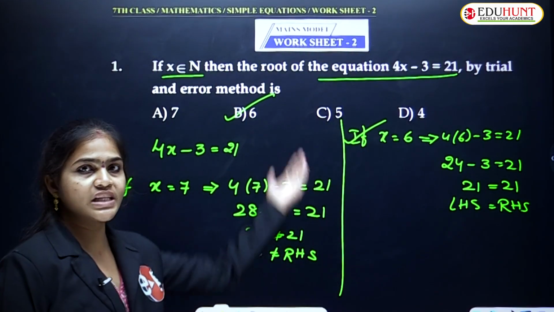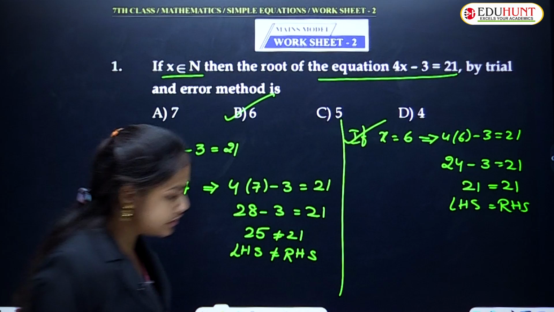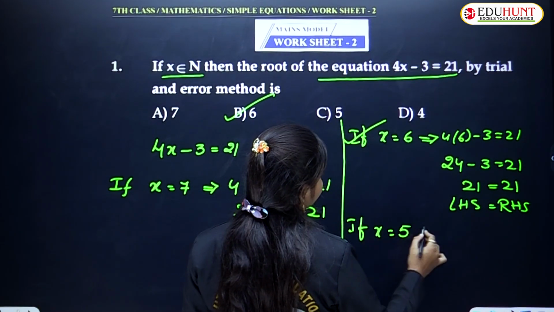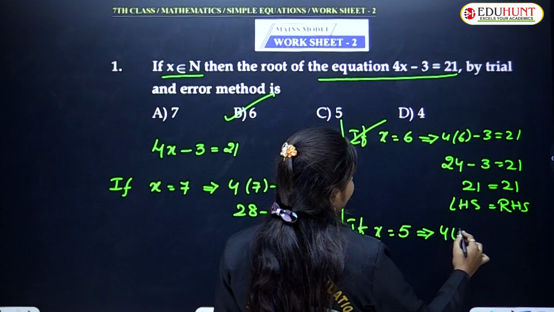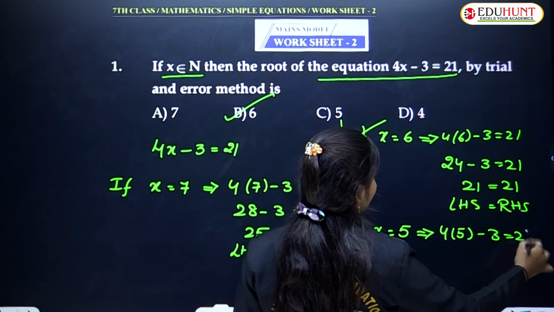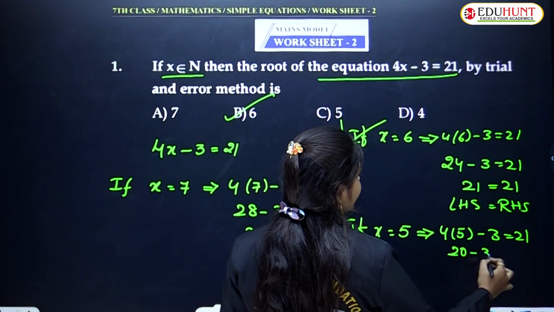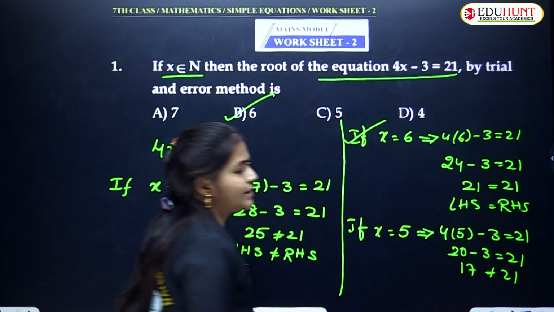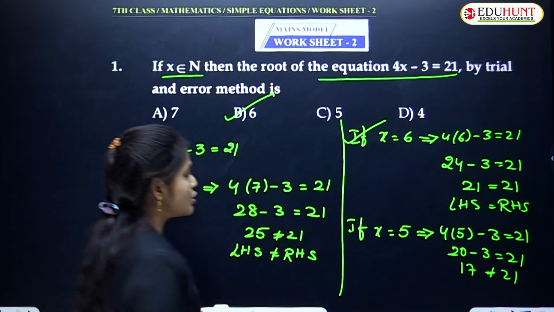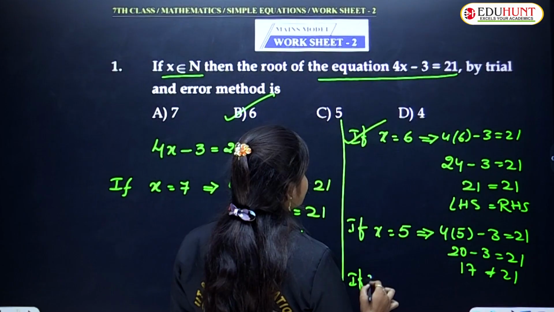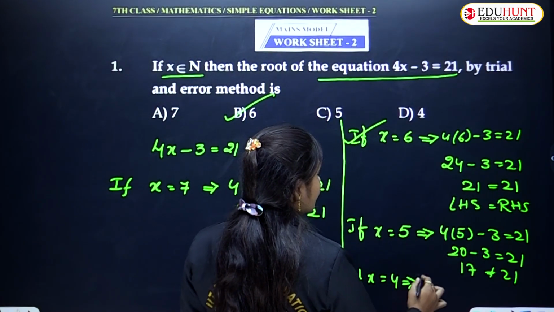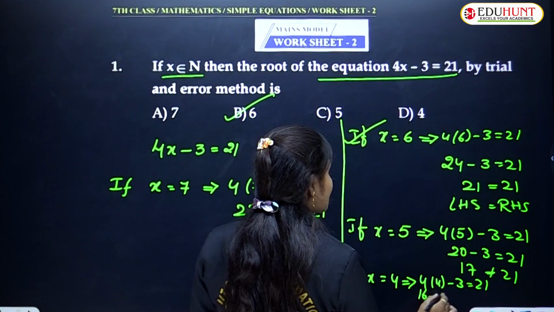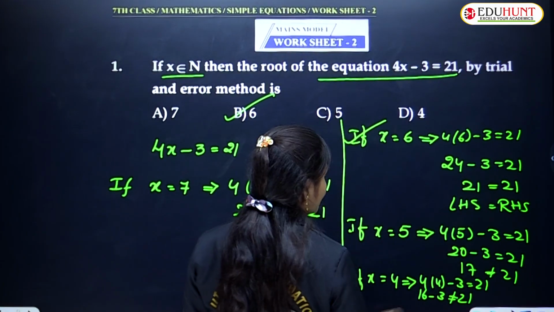Okay. If you want to check the leftover two options also, then check them. If x is equal to 5, then 4 into 5 minus 3 is equal to 21? 4 fives are 20, minus 3, 17 is not equal to 21. And if x is equal to 4, then 4 into 4 minus 3 is equal to 21? 16 minus 3, 13, is not equal to 21.